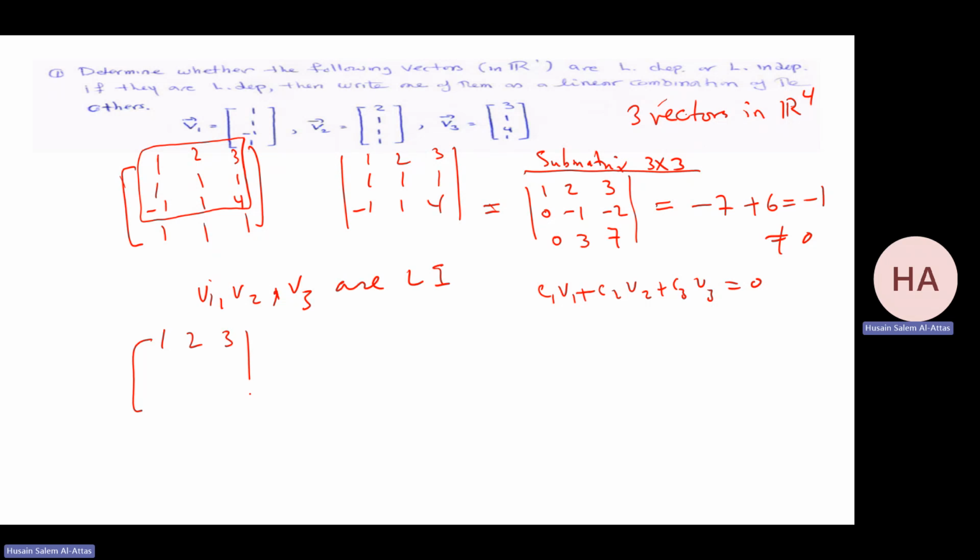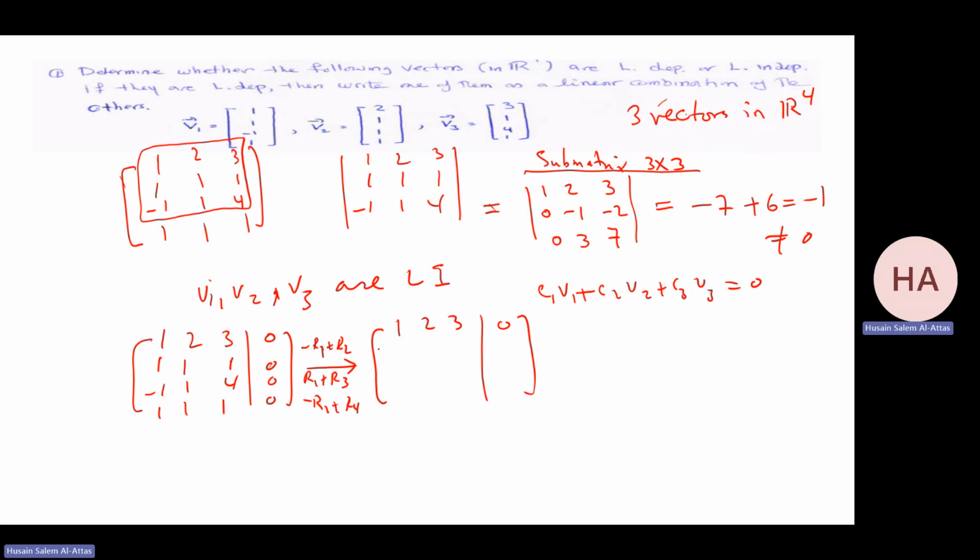1, 2, 3, 0. 1, 1, 1, minus 1, 1, 4, 1, 1, 1. 0, 0, 0. So multiply minus R1 plus R2, R1 plus R3, minus R1 plus R4. We're getting 1, 2, 3, 0. I have 0, minus 1, minus 2, 0.